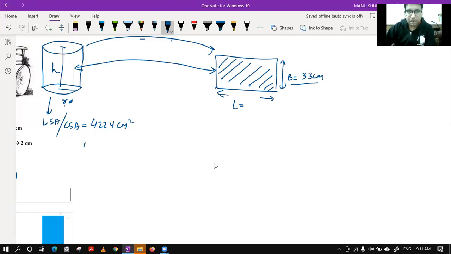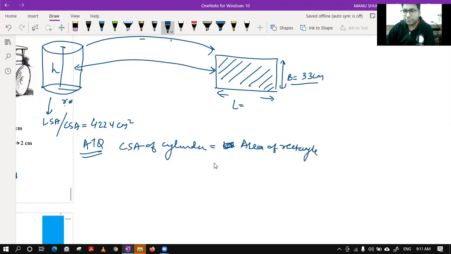According to the question, the curved surface area of the cylinder is equal to the lateral surface area, simply the area, of the rectangular sheet. So the area of the rectangle is how much? Class, please confirm.